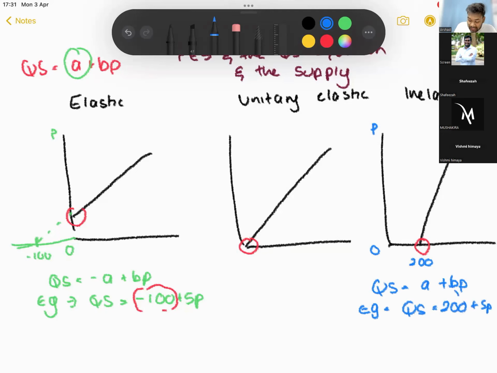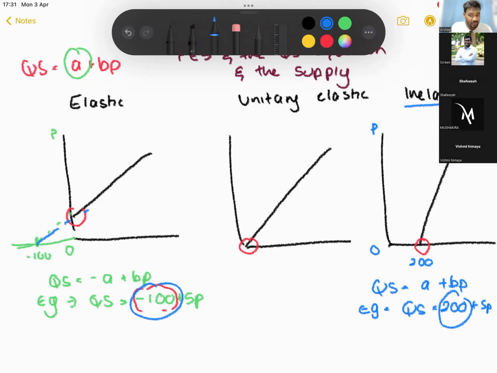So if your A component is positive, it's an inelastic supply curve. If your A component is negative, minus 100, you need to figure out this is an elastic supply curve. Is that part okay? By looking at the curve or by looking at the equation without doing any calculation, you should be able to say whether this is elastic or inelastic. Is that okay or not?